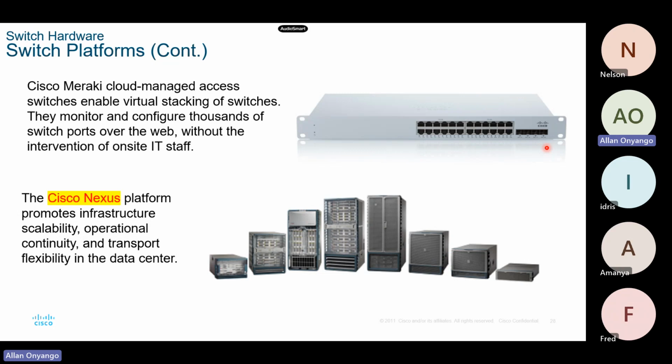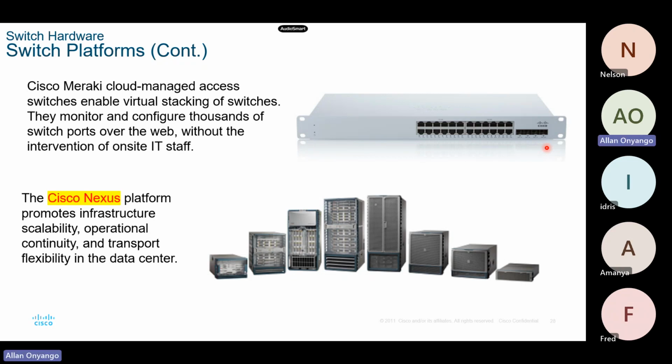The first one up here is a Cisco Meraki. It's a cloud-managed access switch that can also do virtual routing and virtual stacking of the switches. Okay, and here you can configure thousands of ports just over the network, over the web, without any physical connection.